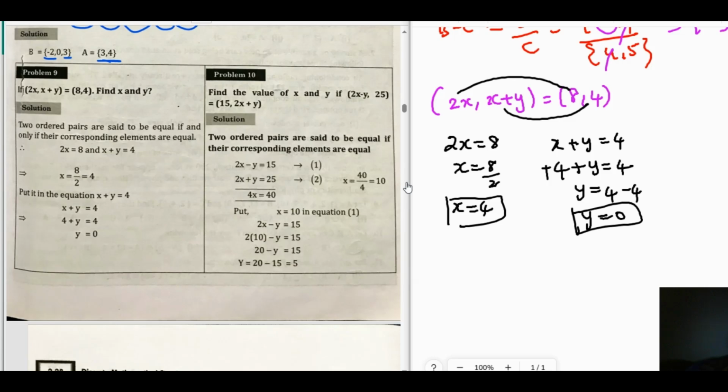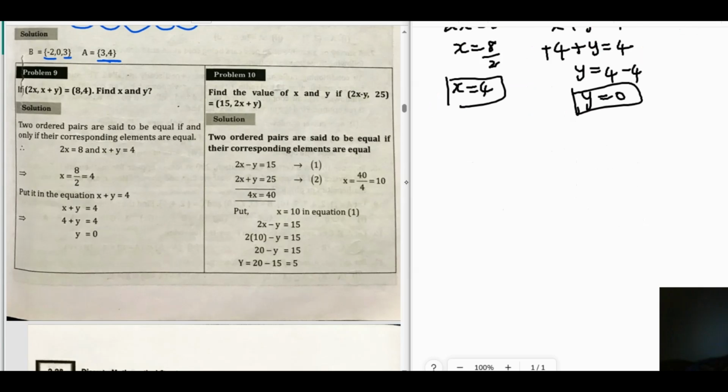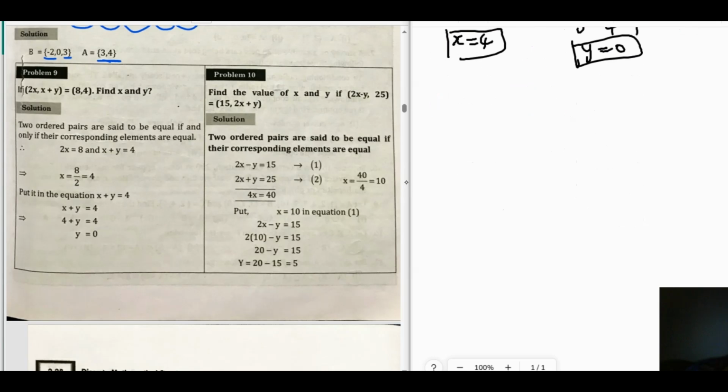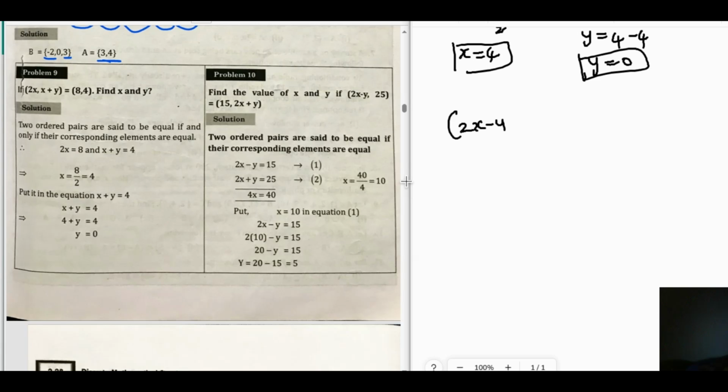Then the other question, they've given 2x minus y comma 25 equals 15 comma 2x plus y. So we can again compare them and write first one with first one, that will be 2x minus y is equal to 15.